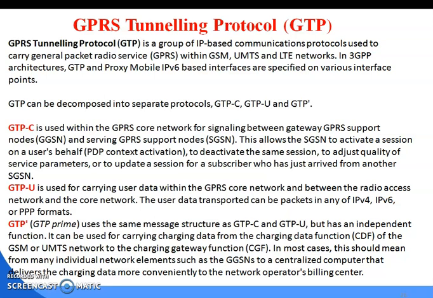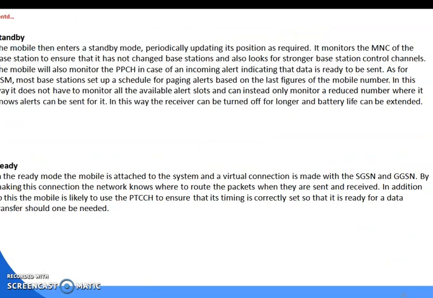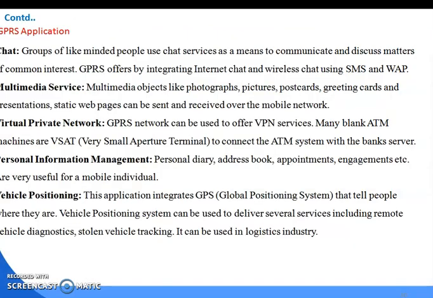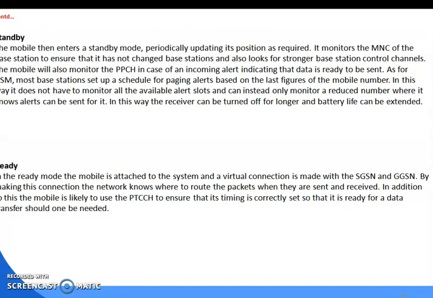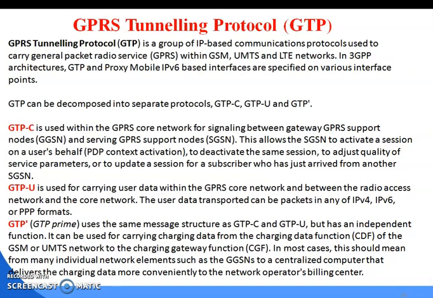GTP can be decomposed into separate protocols: GTP-C, GTP-U and GTP prime. GTP-C is used within the GPRS core network. GTP-U is used for carrying user data within the GPRS core network, and GTP prime uses the same message structure as GTP-C and GTP-U.